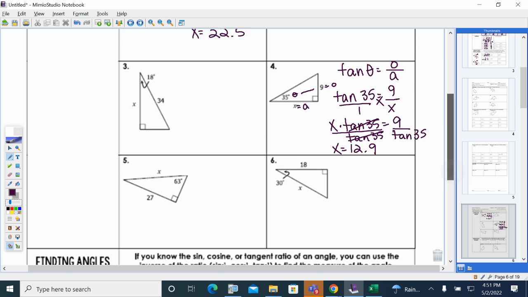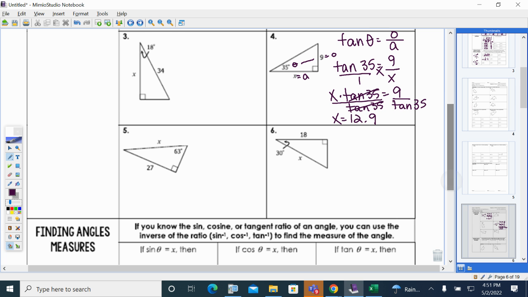Let's do one more. Let's do number 6. Number 6, we've got our theta, which is 30 degrees. We could use our special right triangle rules to find the value of x, but we'll use our trig ratios.